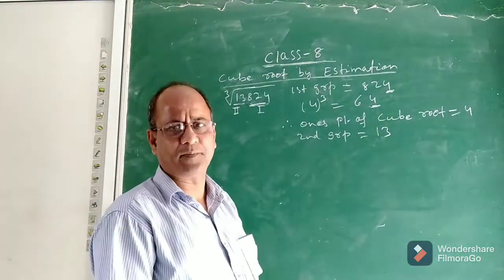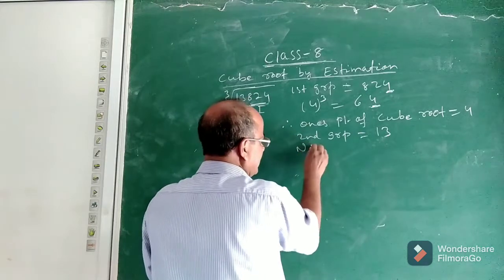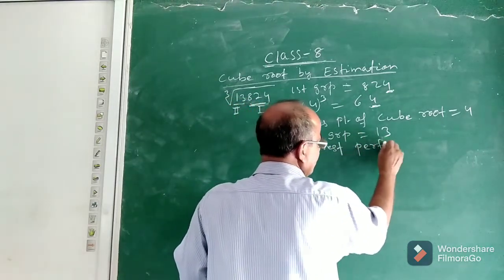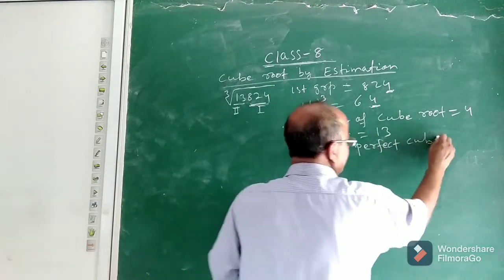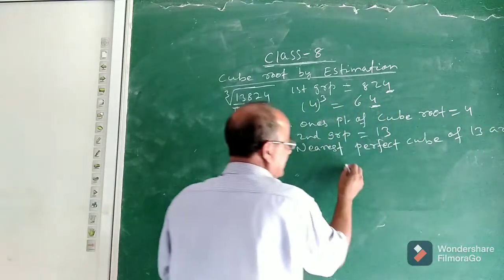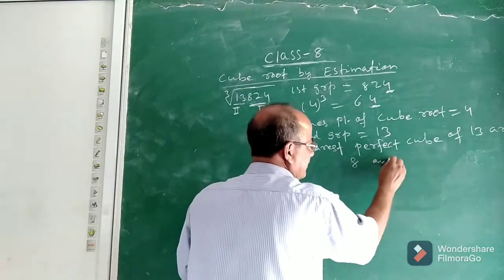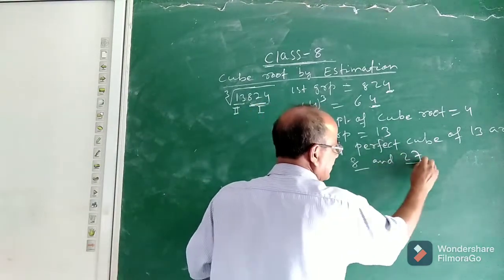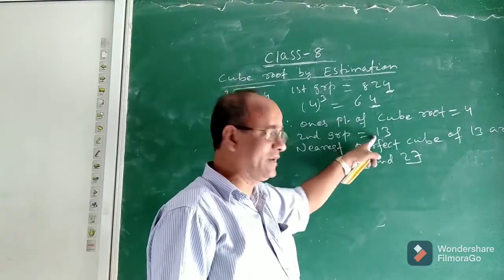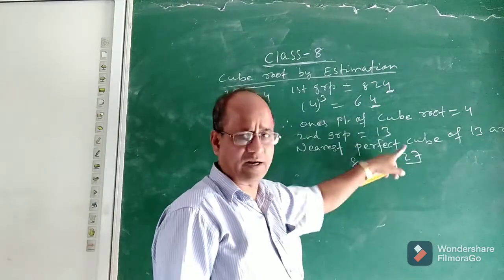Clearly 8 and 27. 8 is the nearest perfect cube of 13 which is less than 13, and 27 is the nearest perfect cube which is greater than 13.